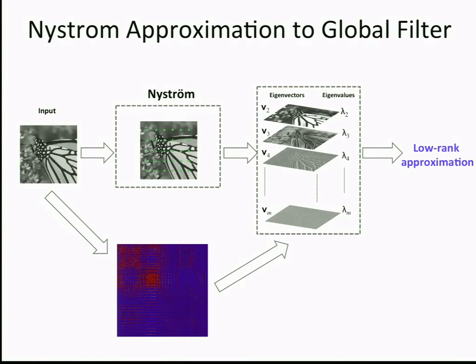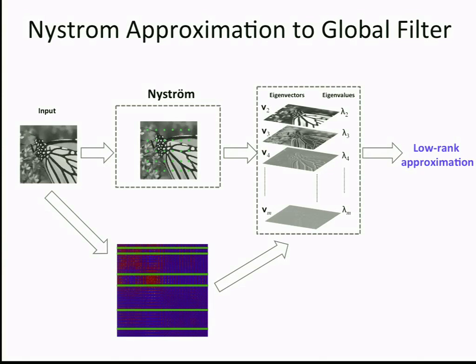And when I say very small, I mean less than 1% of the pixels. And we compute the weights corresponding to those very few pixels. That corresponds to basically computing a very small number of rows of the matrix W. And then from this, we can go to the eigenvectors directly.